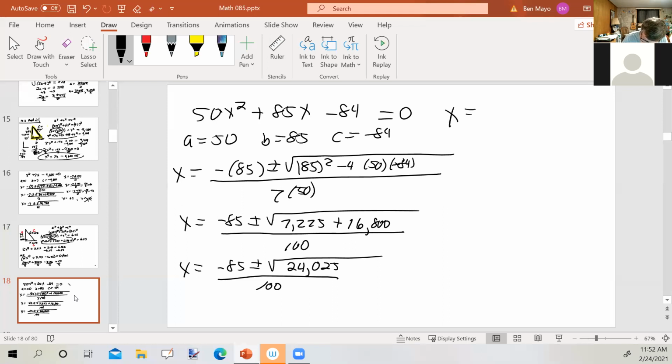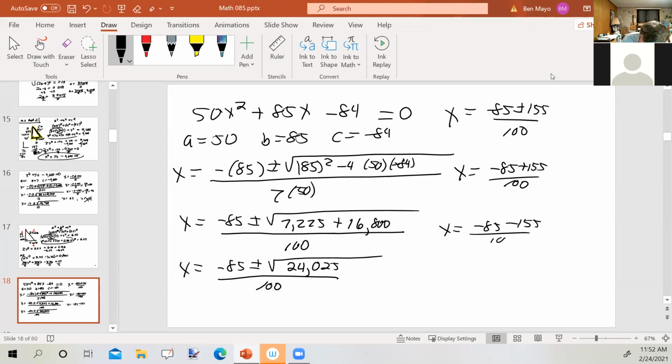So I get x equals negative 85 plus or minus 155 over 100. Square root of 24,025 is 155. Who knew?